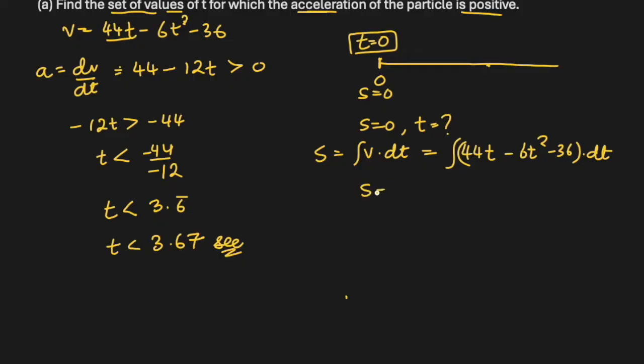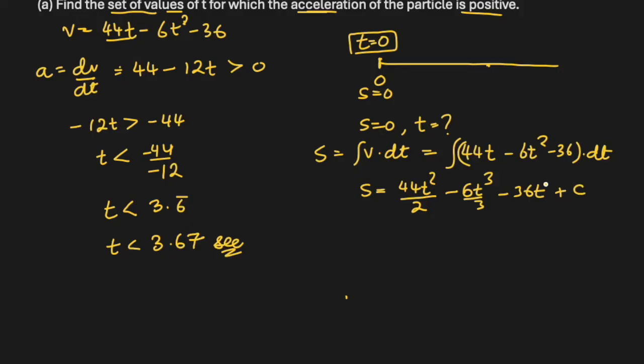So s comes out to be 44t squared over 2 minus 6t cubed over 3 minus 36t plus C.